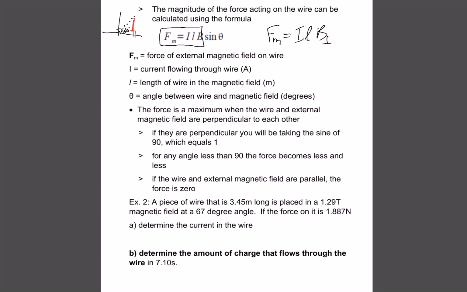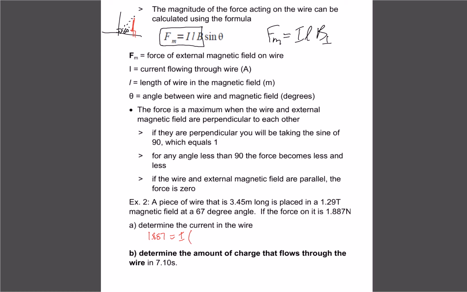So this first example, it's asking you to calculate the current in the wire with all of this. So this one we do have to use the angle because it's at an angle. So we would have our force is 1.887 newtons, and our current is what we're looking for.